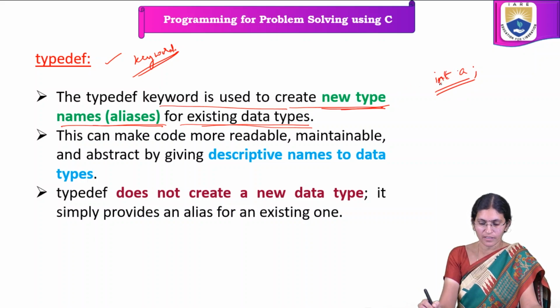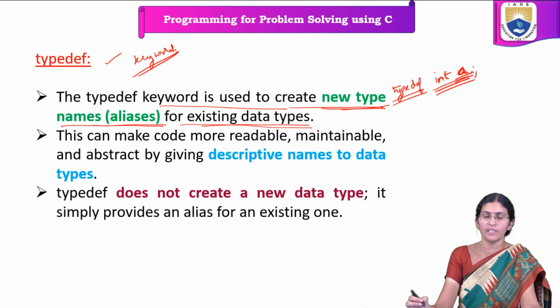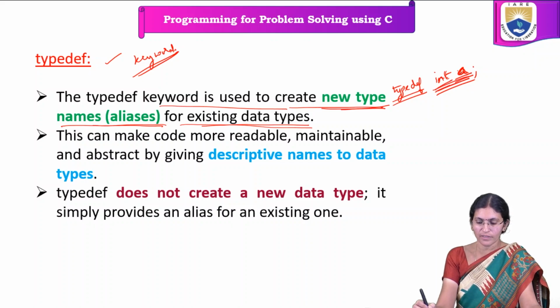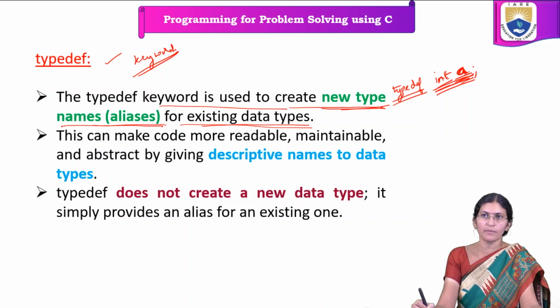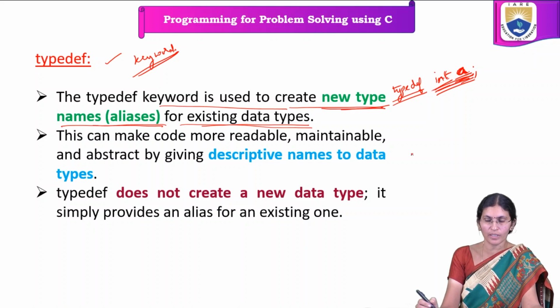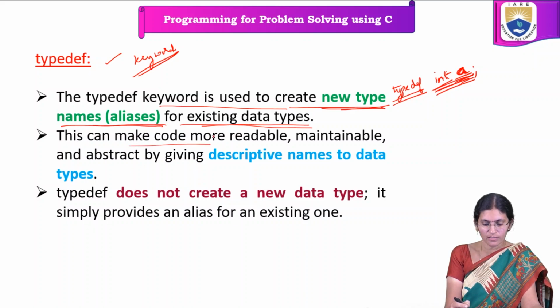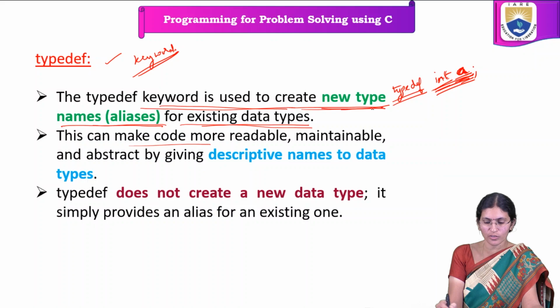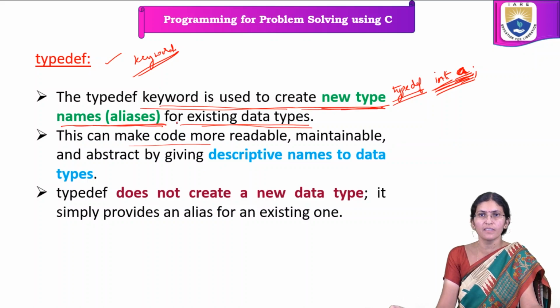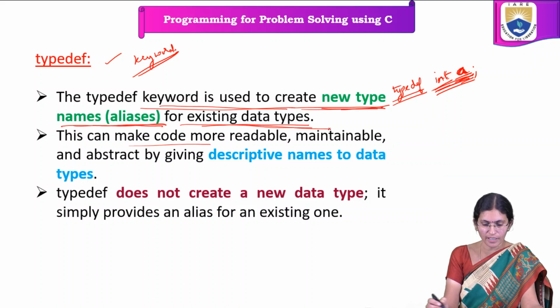If this statement is preceded by typedef, then we can say that this is the new name given to this. We can declare variables of the type A, and all the variables of type A belong to integer type. Now we can understand it with the help of programs. The typedef keyword is used to create a new type name, alias, or synonym for existing data types.